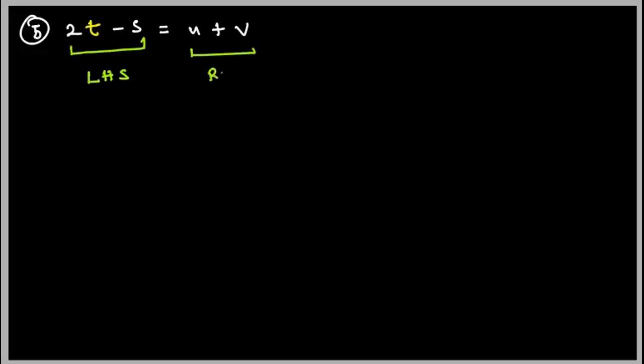On the left we have 2t minus x, while on the right we have u plus v. So to make t the subject of the formula, I need to take minus x to the right hand side.